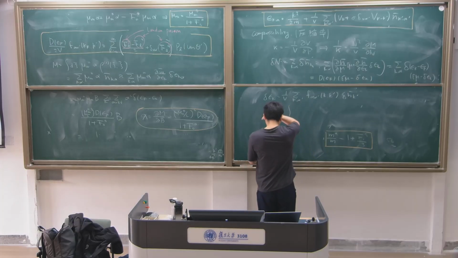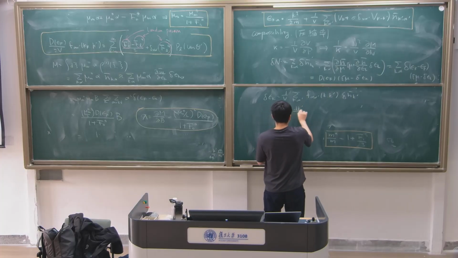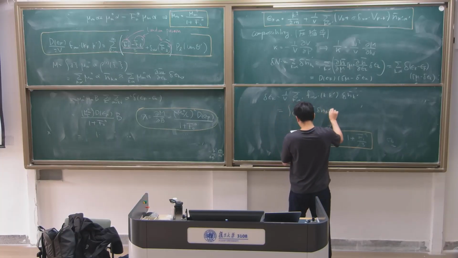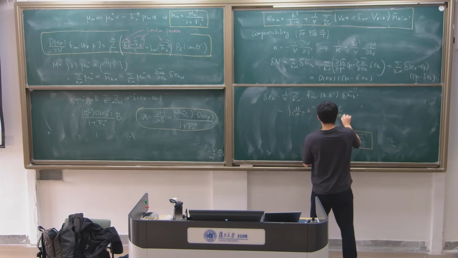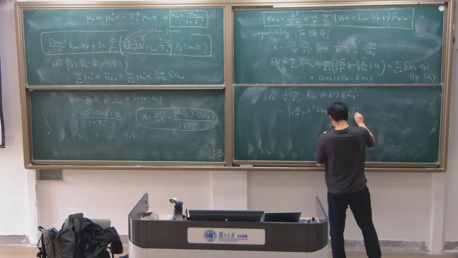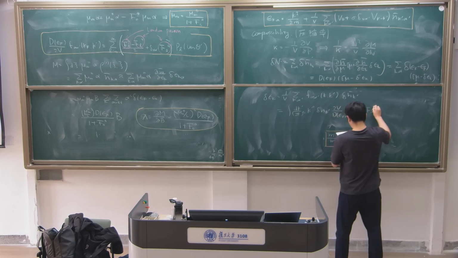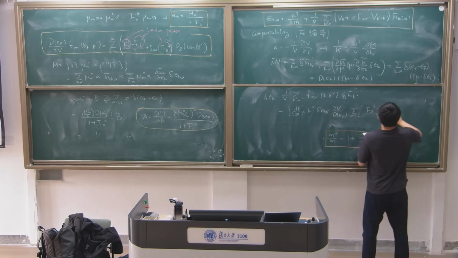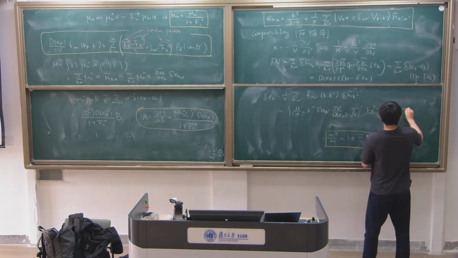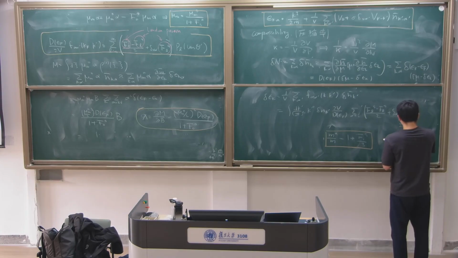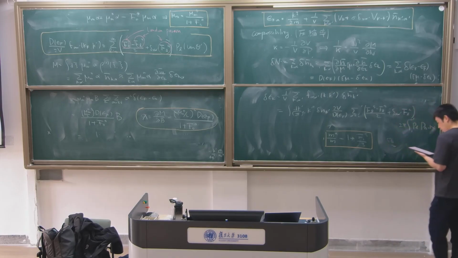This is equal to, and here again you have this integral, P L and P 0 dx, 1 minus 1. That's it.